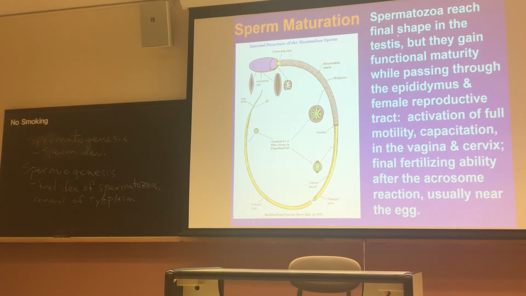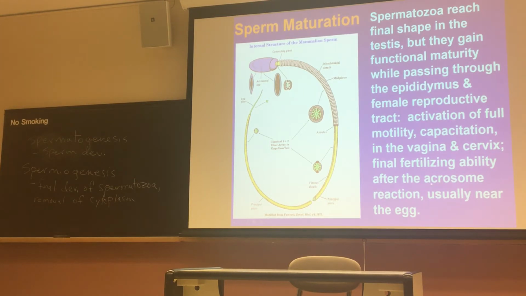So spermatozoa reach their final shape in the testis, but they gain functional maturity passing through the epididymis and the female reproductive tract. And full activation occurs in the vagina and cervix, and final fertilization capacities only occur in proximity to the egg.